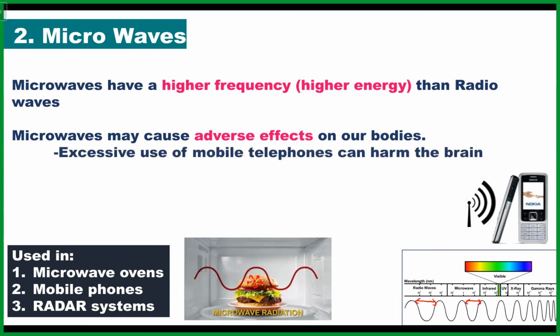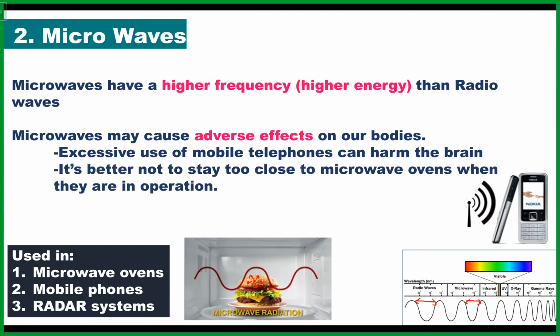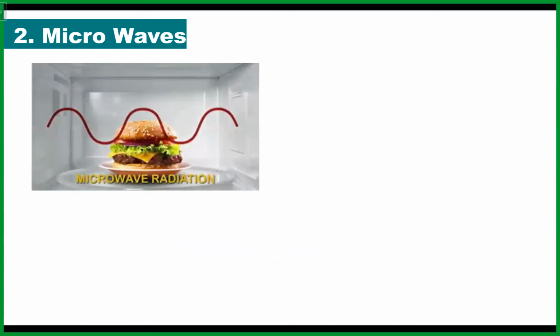And this is why certain people say that excessive use of mobile telephones can harm the brain, because mobile phones make use of microwaves for transmitting information. And also, this is why some people advise that it's better not to stay too close to microwave ovens when they are in operation. So this is basically what you need to know about the microwaves.